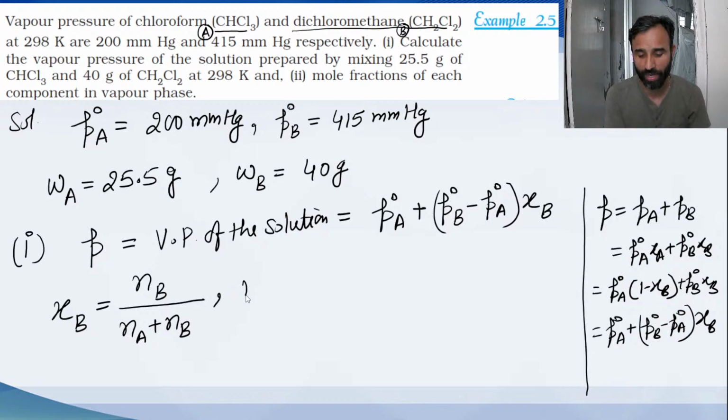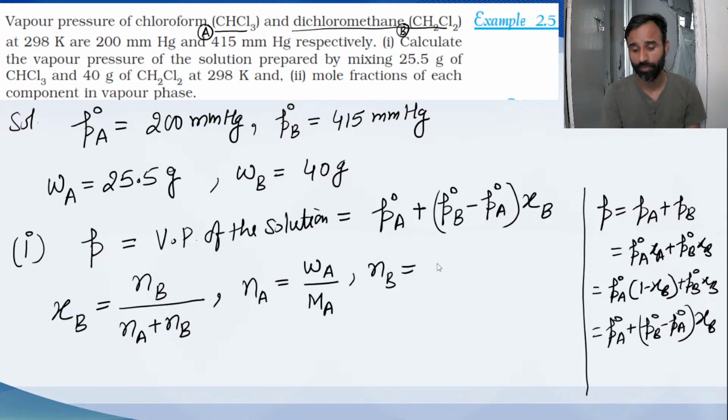So just expand it further. Number of moles of A equal to weight of A over molar mass of A. Now weight of A we have. Calculate number of moles of B: weight of B over molar mass of B. So WA and WB we have, but we don't have MA and MB.